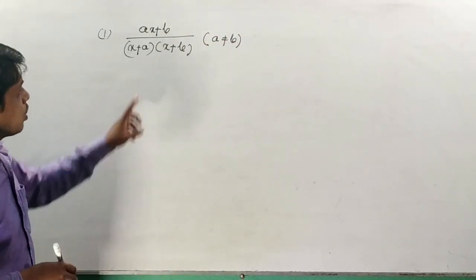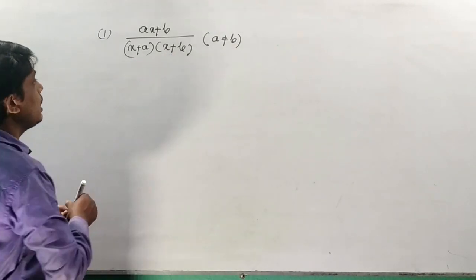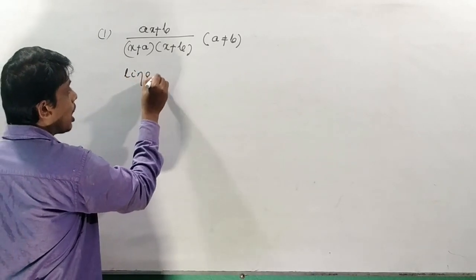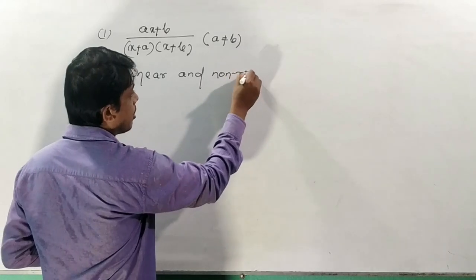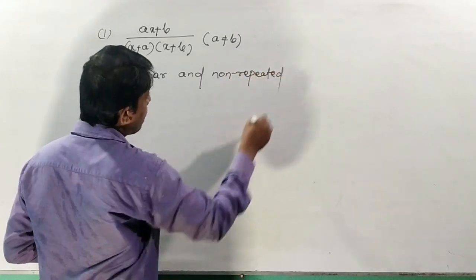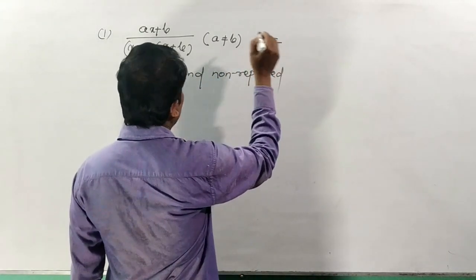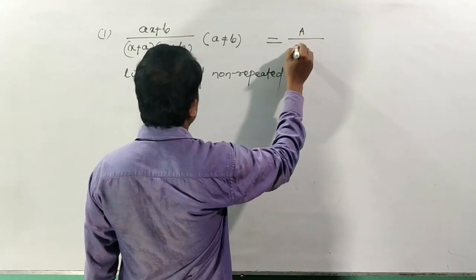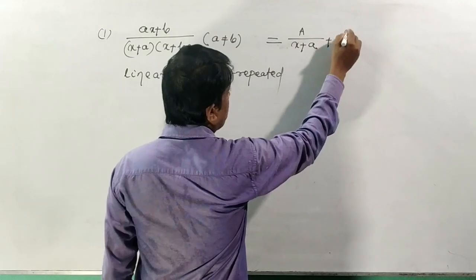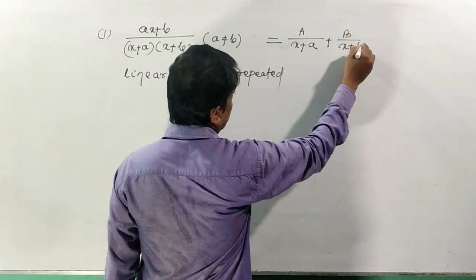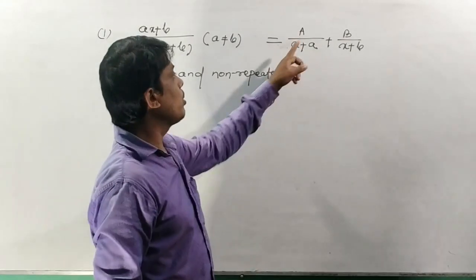In this case we call these factors linear and non-repeated. So if the factors are linear and non-repeated, what shall we do? We have to take this as a by x plus a plus b by x plus b, and continuing some procedure, we have to find out the values of a and b.